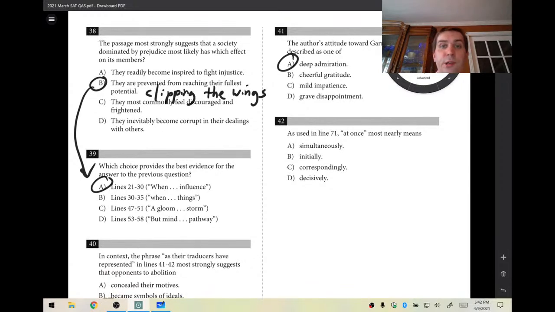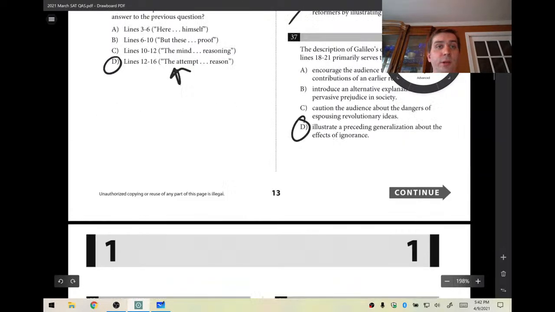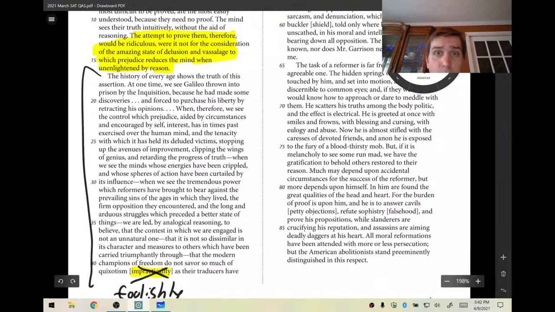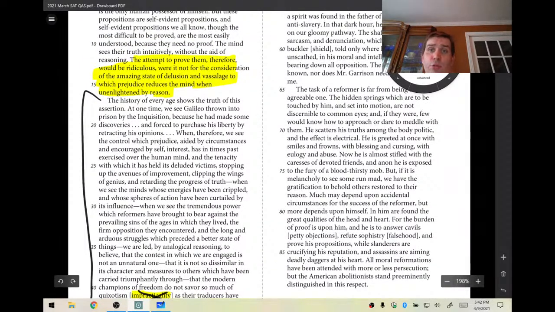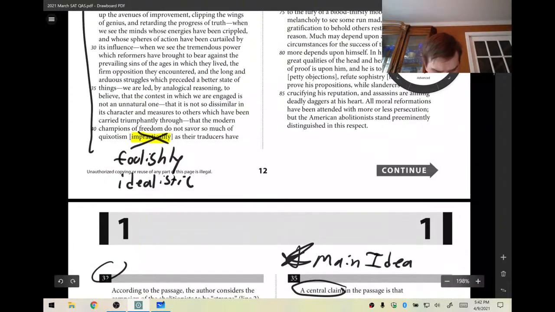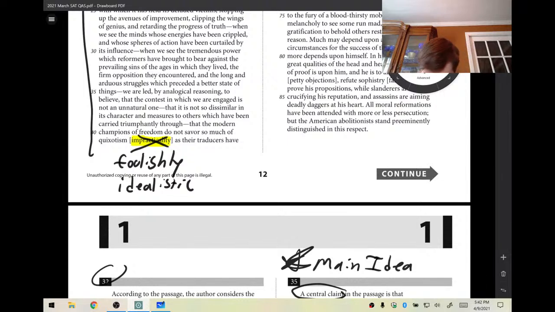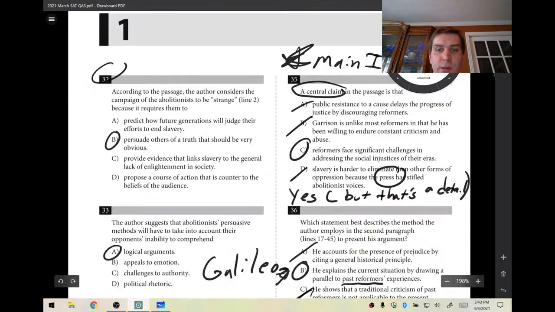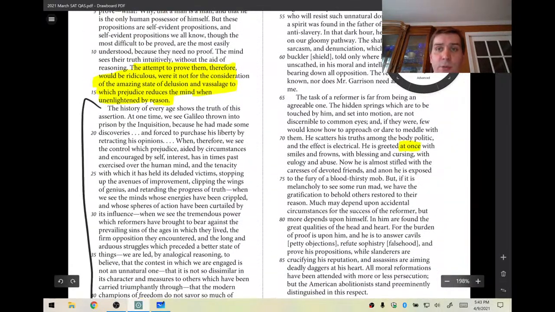Here's another vocab question. As used in line 71, at once most nearly means what? Here's 71. He scatters his truths among the body politic, and its effect is electrical. He is greeted at once. I'm going to read the word simultaneously back into the sentence and see if it works.